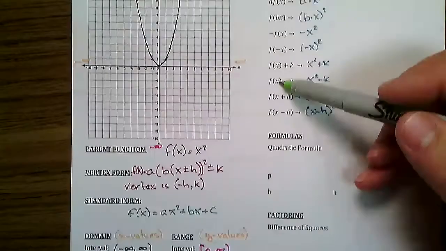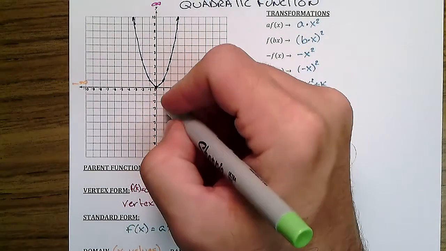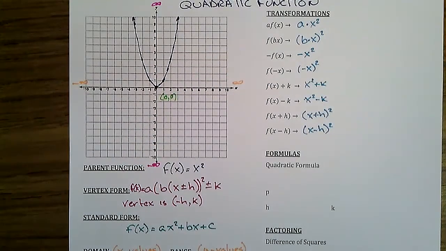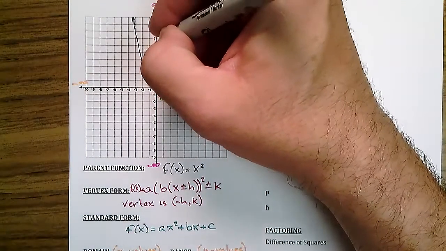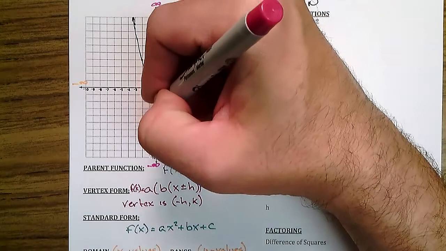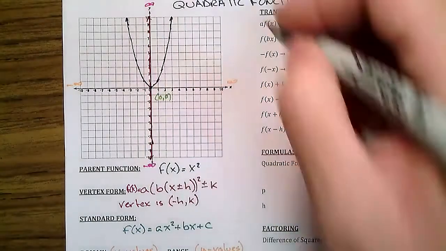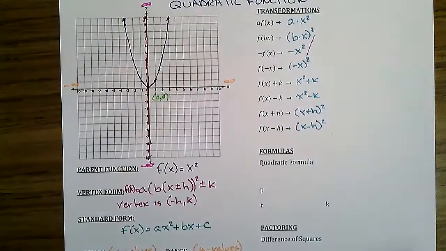Our axis of symmetry, which I'm actually going to draw on here. So actually, I'm going to draw my vertex on here. So our vertex is here at 0, 0. Our axis of symmetry for a quadratic function is this vertical line that goes through the vertex that allows us to reflect our function across it on top of the other side.